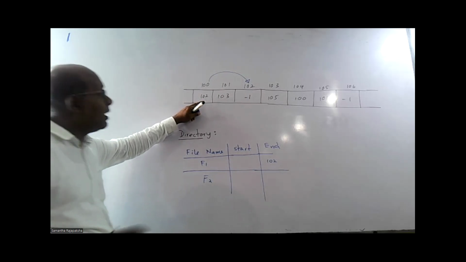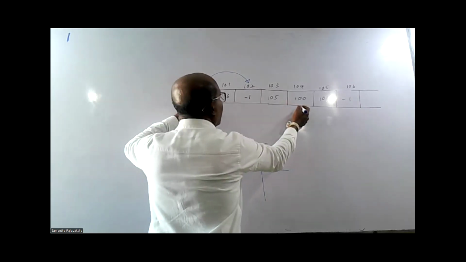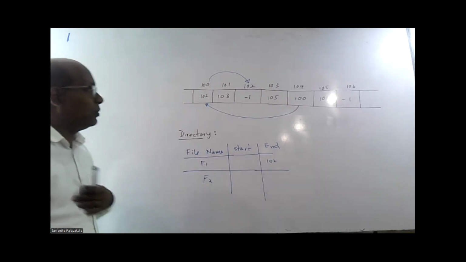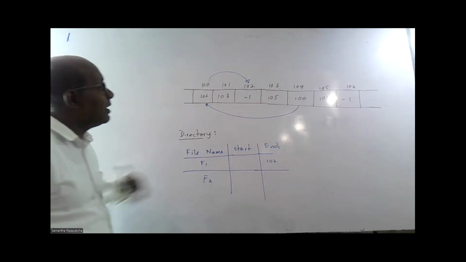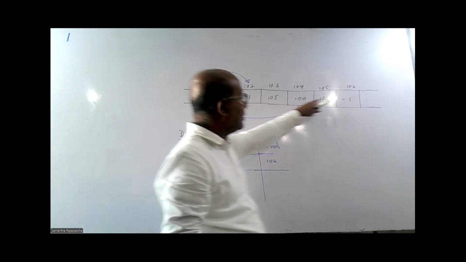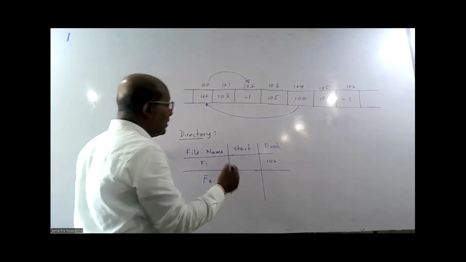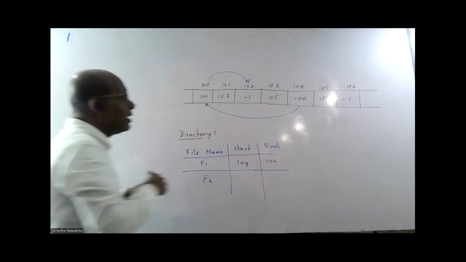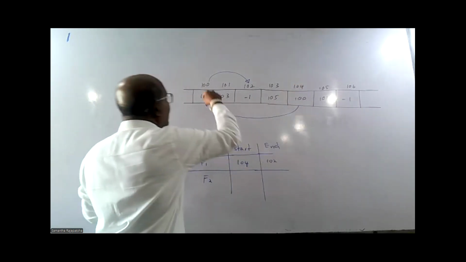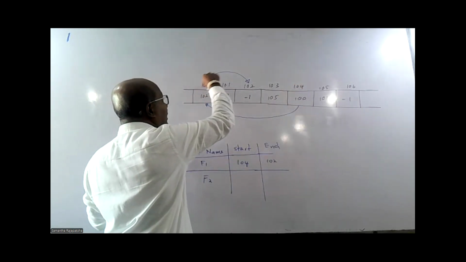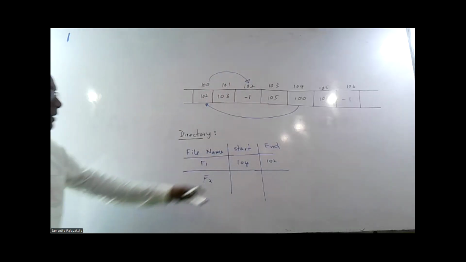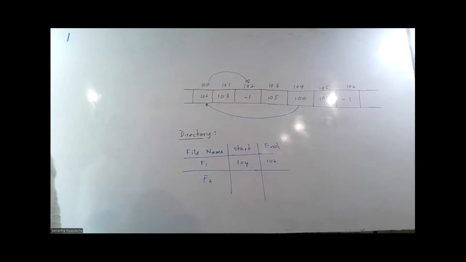And then you can see 100 is called by this one here. But you can see 104 is not available anywhere. Therefore, the first block is 104.